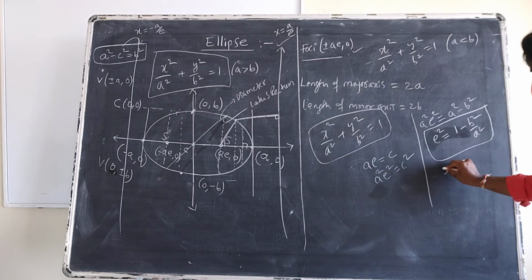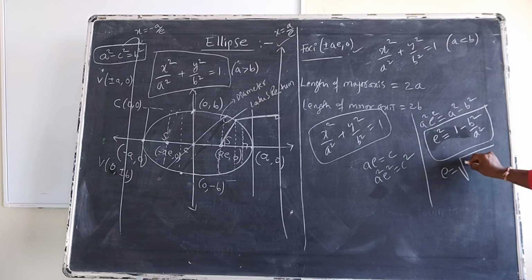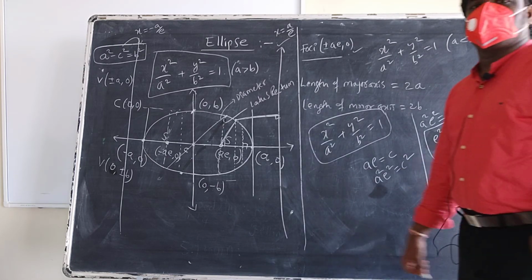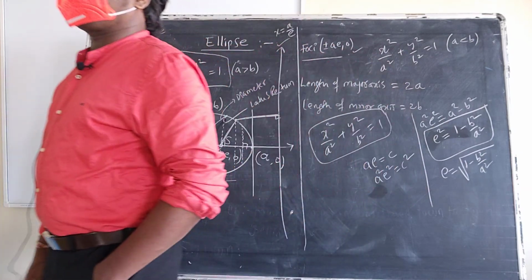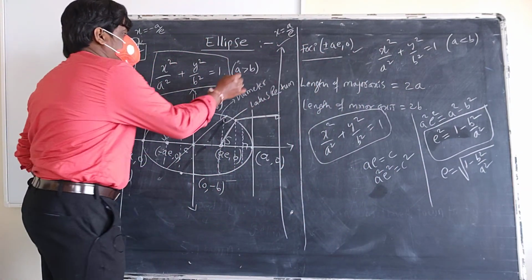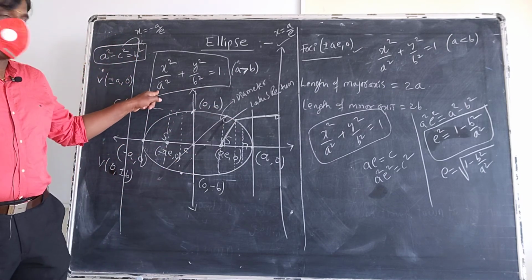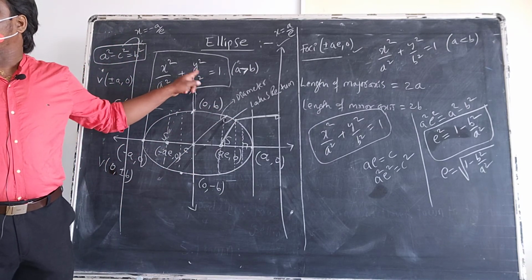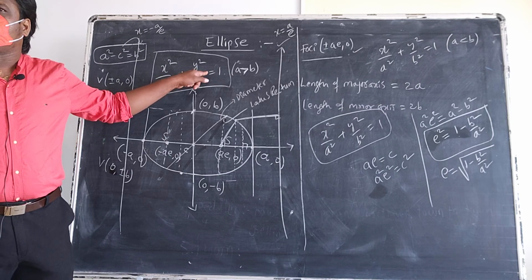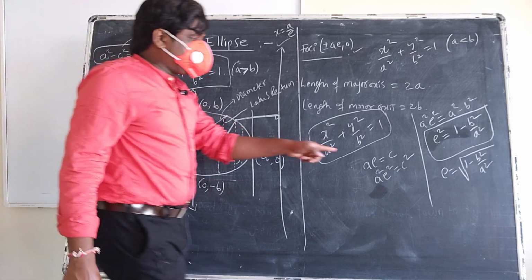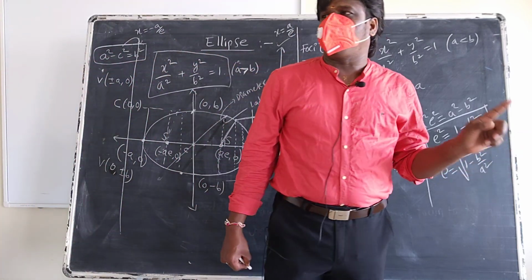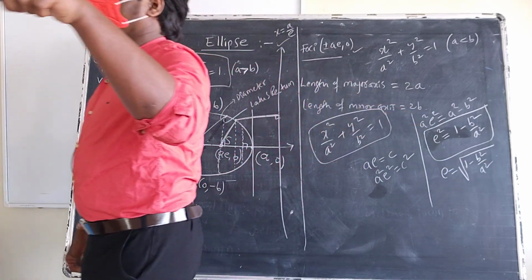So eccentricity becomes under root of 1 minus b square by a square. Remember that this is when a is greater than b, smaller by bigger.